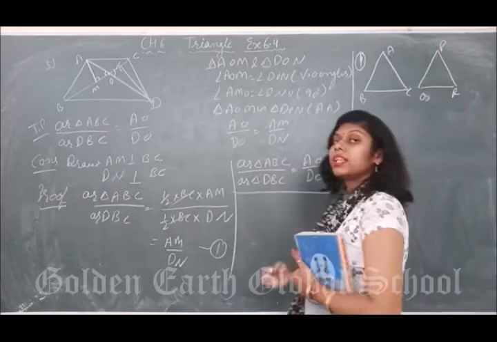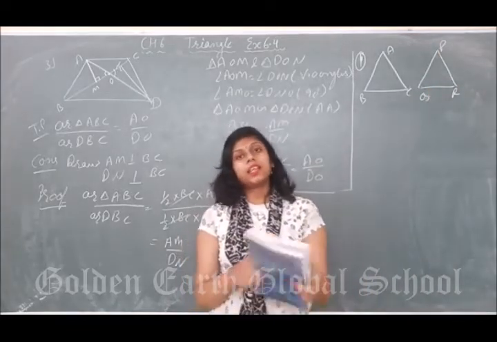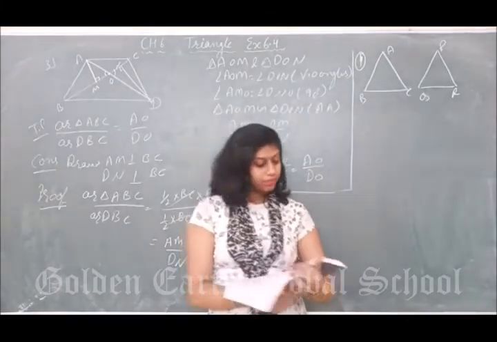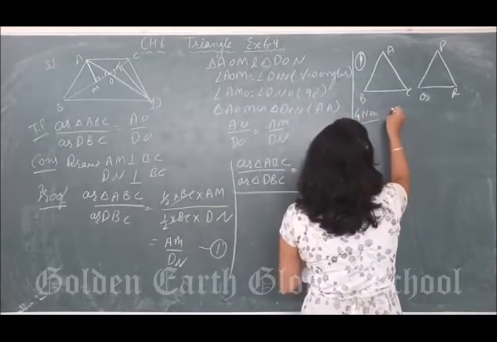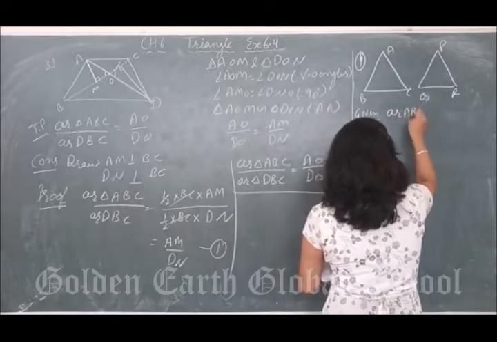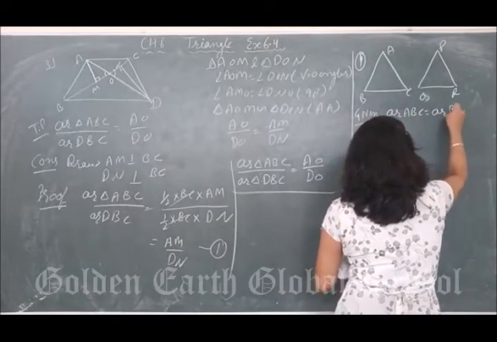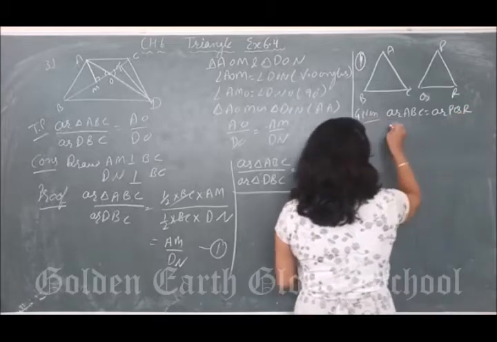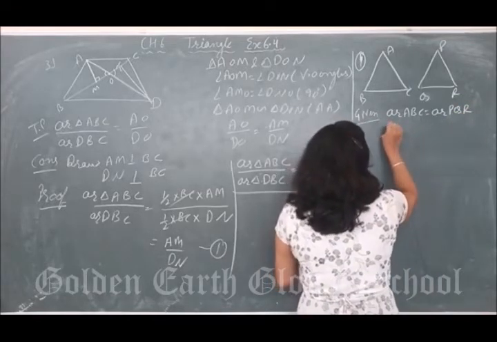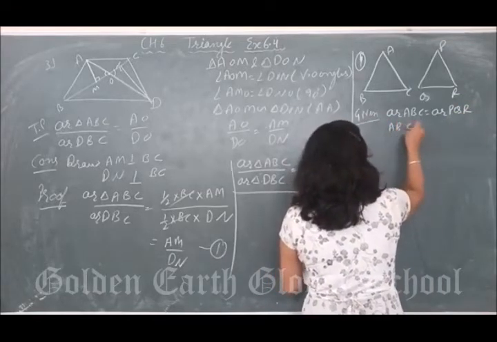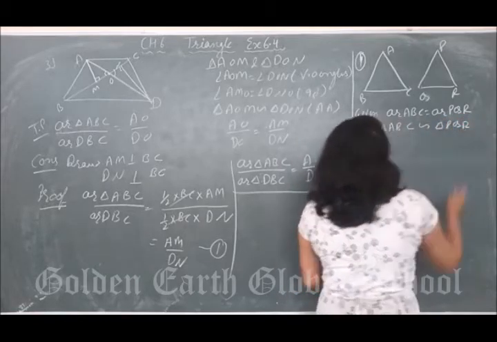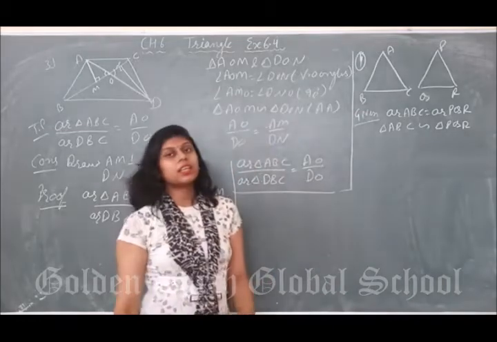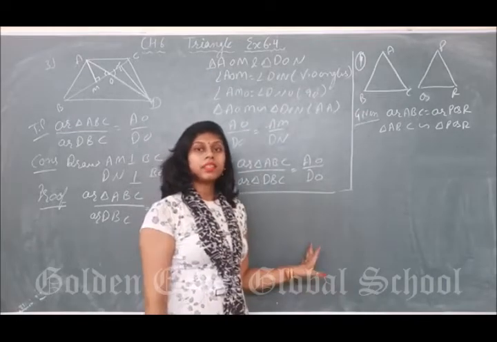It is given that these are similar and their areas are equal. What is given? Area of ABC is equal to area of PQR, and ABC is similar to PQR. Now similarity and equal areas are given, so we will apply the result.